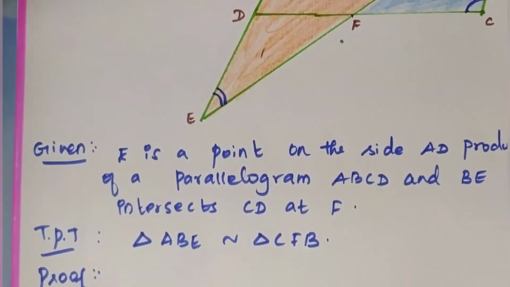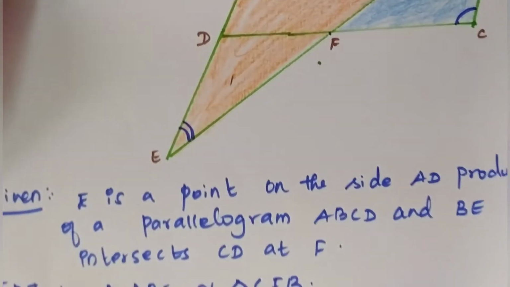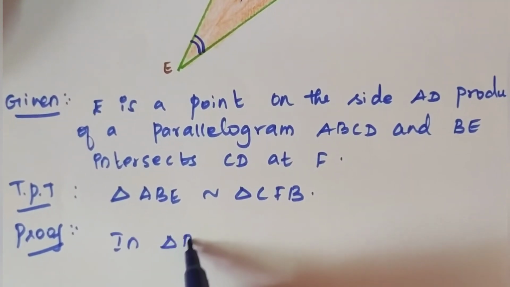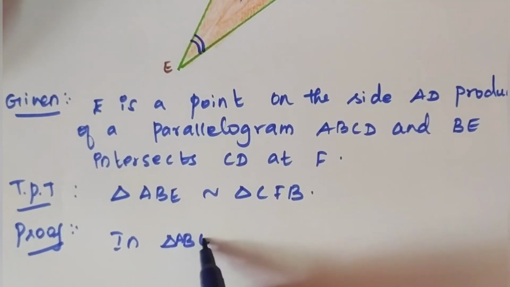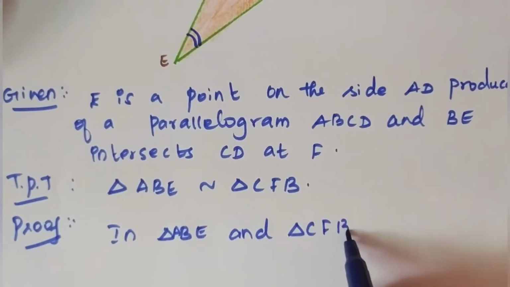So proof. Which two triangles do we take? In triangle ABE and triangle CFB.